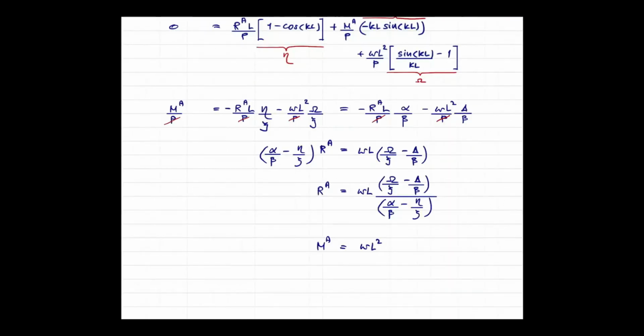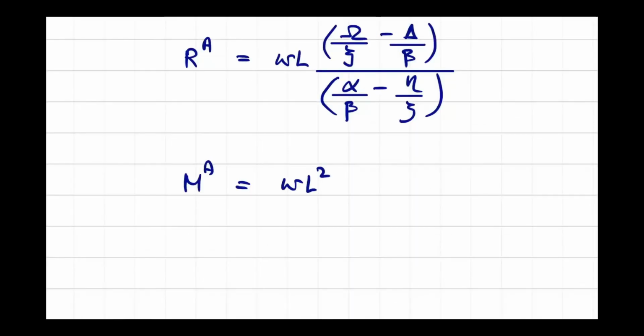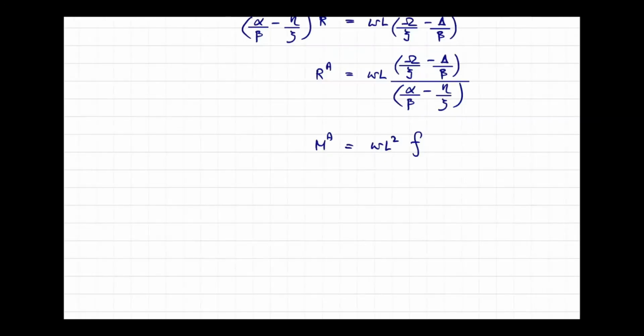You can see you have WL squared, and here RA is WL multiplied by L. You get WL squared multiplied by some function, of course. Well, this function was supposed to be something like 1 over 12 if the P approaches 0.